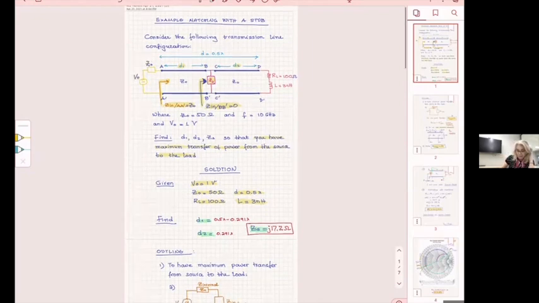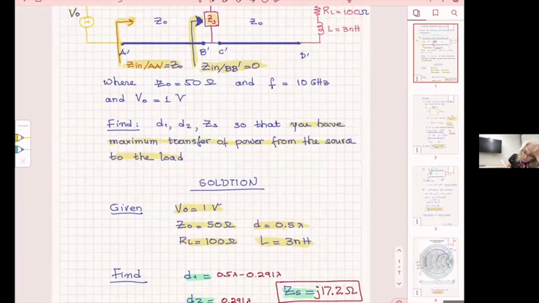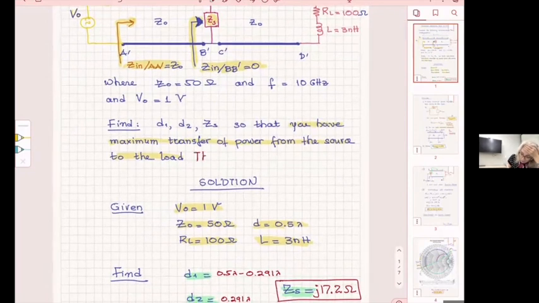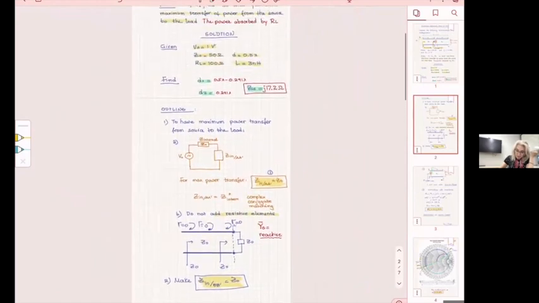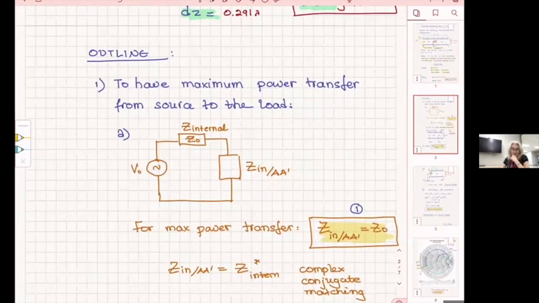So let's assume that I ask you to also find the power absorbed, say by the resistor, by RL. Okay, how are we going to find this? What did we say we were going to make Z input of AA prime here?